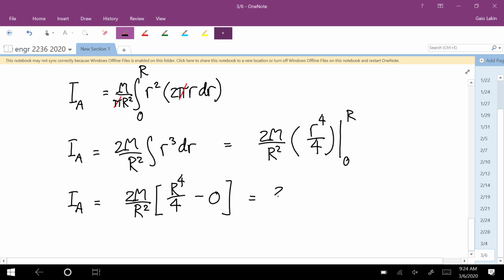And so this comes out to be 2 big M, big R to the 4th over 4 big R squared. And our final formula then is 1/2 big M R squared.